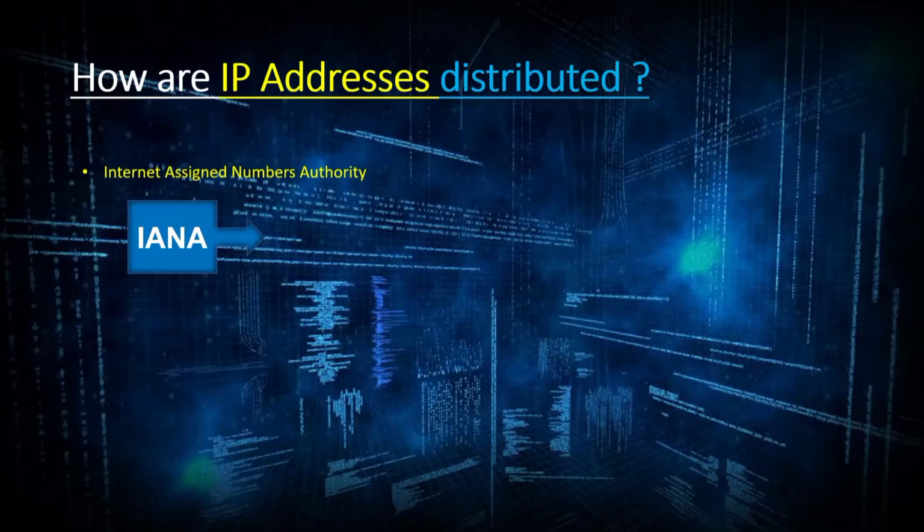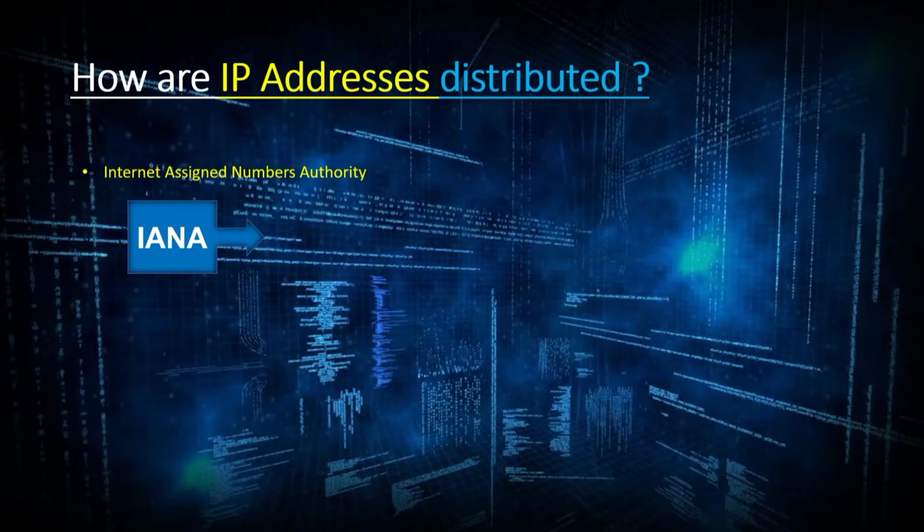From there, IP addresses reach IANA, Internet Assigned Numbers Authority, a function of ICANN and responsible for DNS root, IP addressing, and global coordination of other Internet Protocol resources.